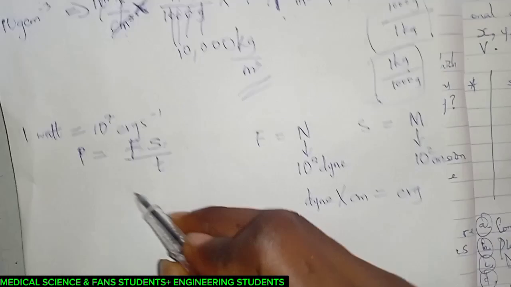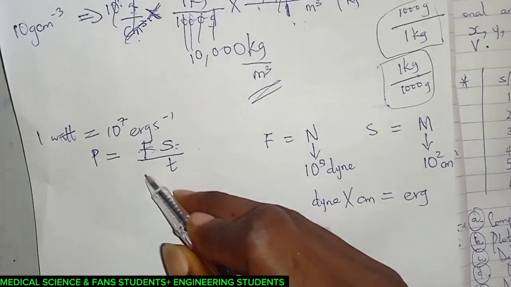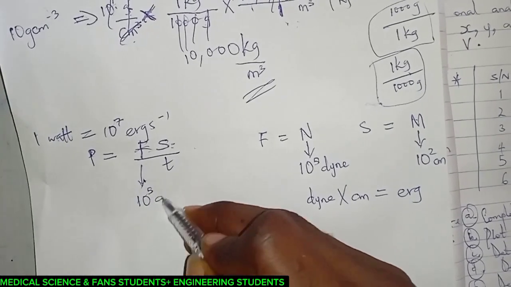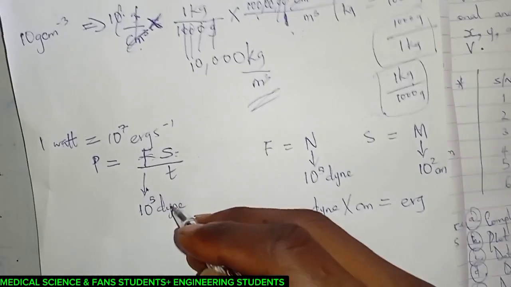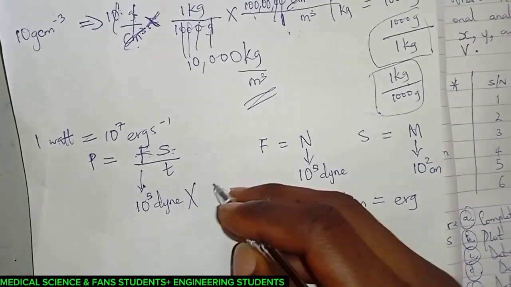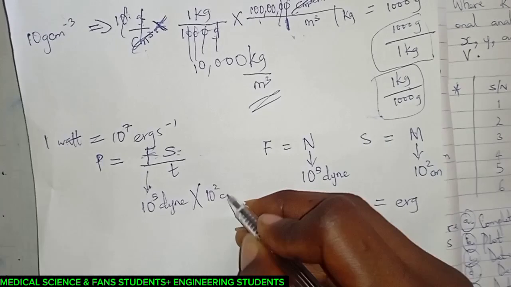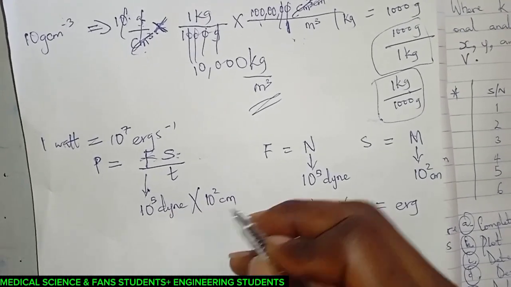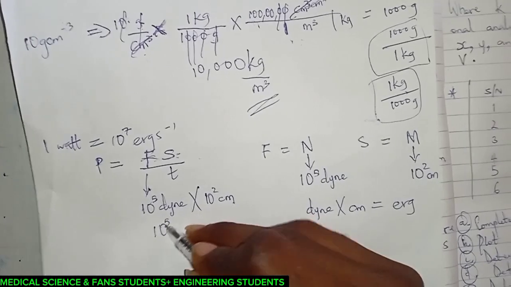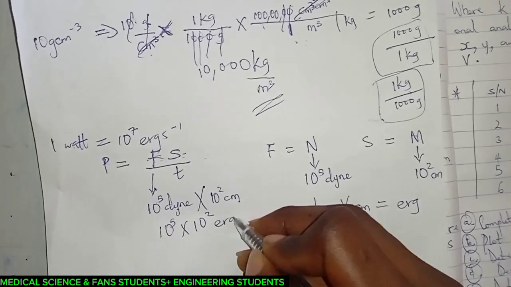So what it means now is that I replace Newton with 10 raised to power 5 dyne, since 1 Newton equals 10 raised to power 5 dyne, times 1 meter, displacement is in meter, and 1 meter is equal to 10 raised to power 2 centimeter, and dyne times centimeter gives you erg. So I have 10 raised to power 5 times 10 raised to power 2, and this times this gives you erg.